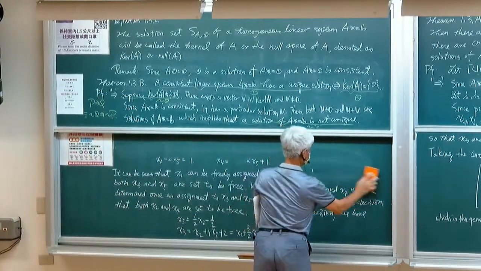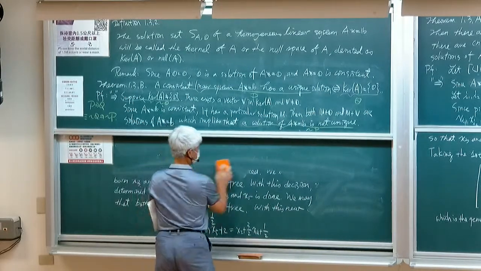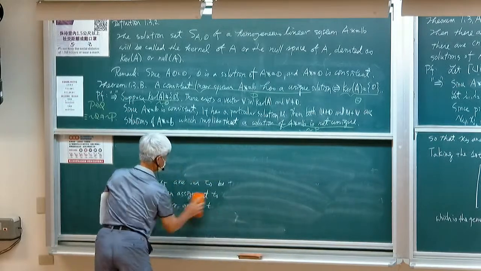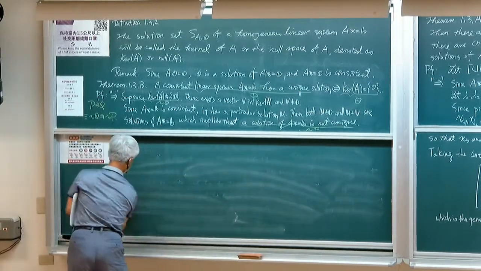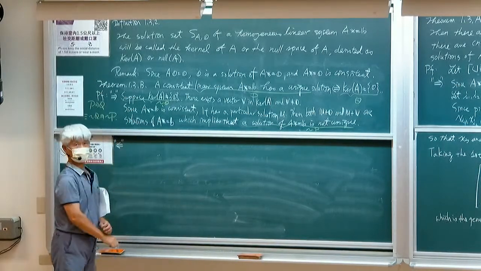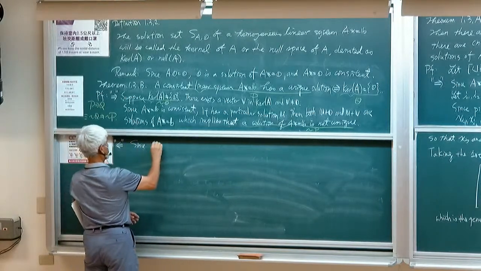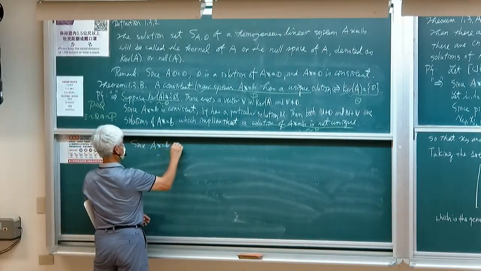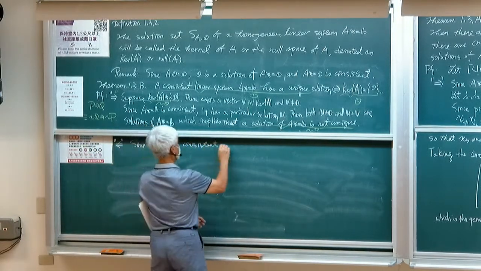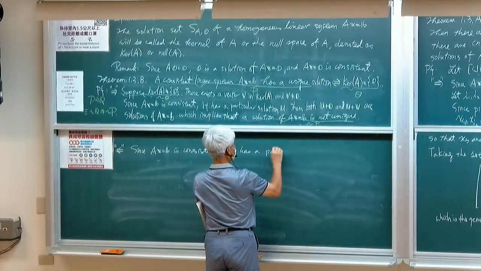The backward direction is more direct. Okay, since Ax equal to B is consistent, it has a particular solution.